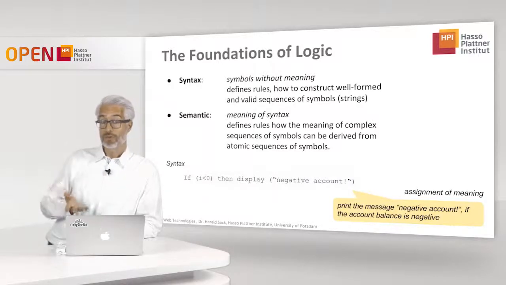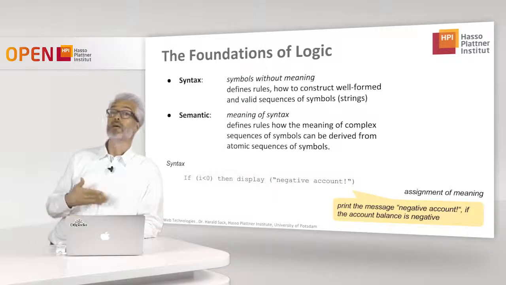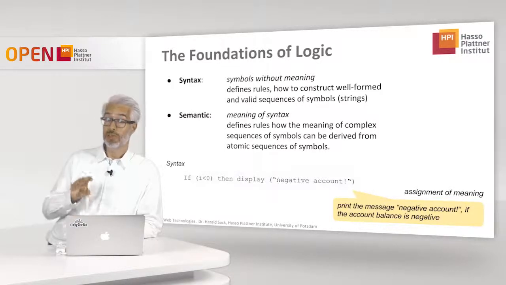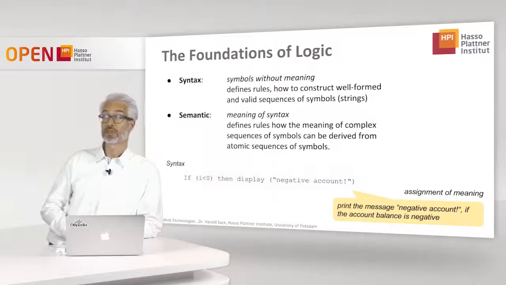But of course, it's only an informal semantics because we describe what it means with natural language, which cannot be processed in an automated way by a computer. So you need further complex analysis to interpret this informal definition. Therefore, we want to derive a formal semantics of that.